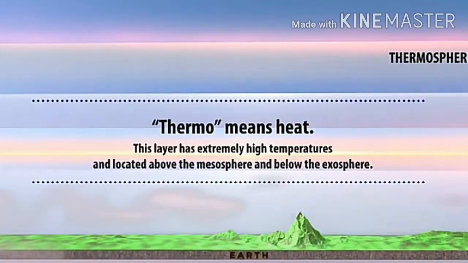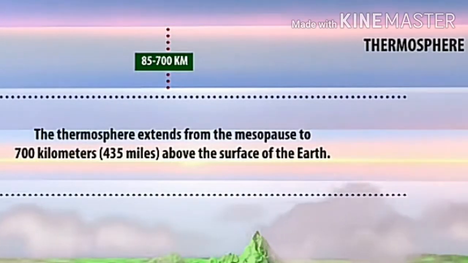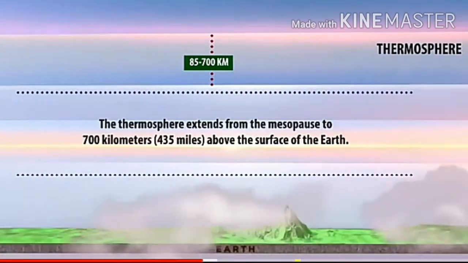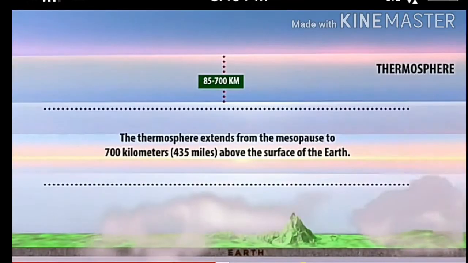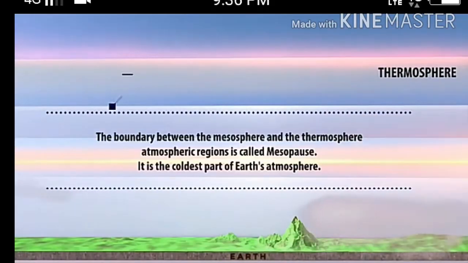Next one, Thermosphere. Thermo means heat. This layer has extremely high temperatures and is located above the mesosphere and below the exosphere. The thermosphere extends from the mesopause to 700 kilometers, that means 435 miles above the surface of the earth.